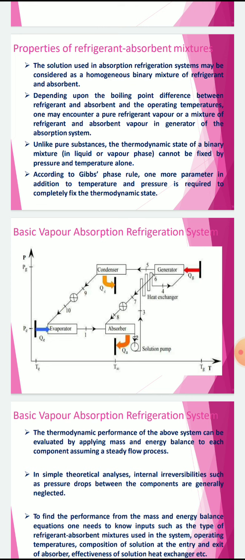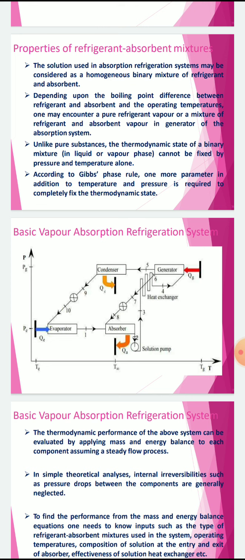The only difference is that instead of a compressor we have a thermal compressor, an absorption system. The thermal compressor is what we use here, and after expansion it will again enter the evaporator after losing its pressure and temperature.